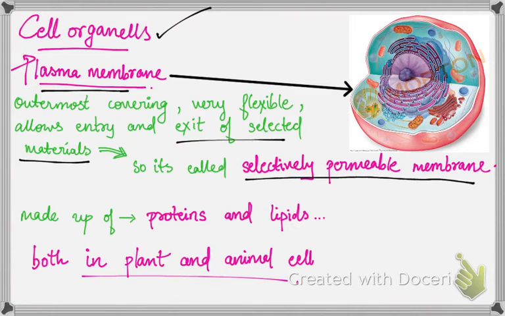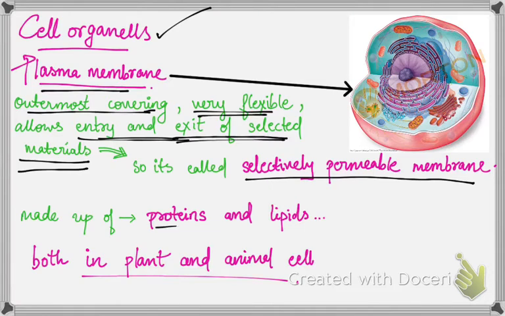Because it allows entry and exit of only selected materials in and out of the cell. This plasma membrane is very flexible and it is made up of proteins and lipids. Both the processes of diffusion and osmosis occur through the plasma membrane itself. That means when the water goes in and goes out, we say it is through the plasma membrane.